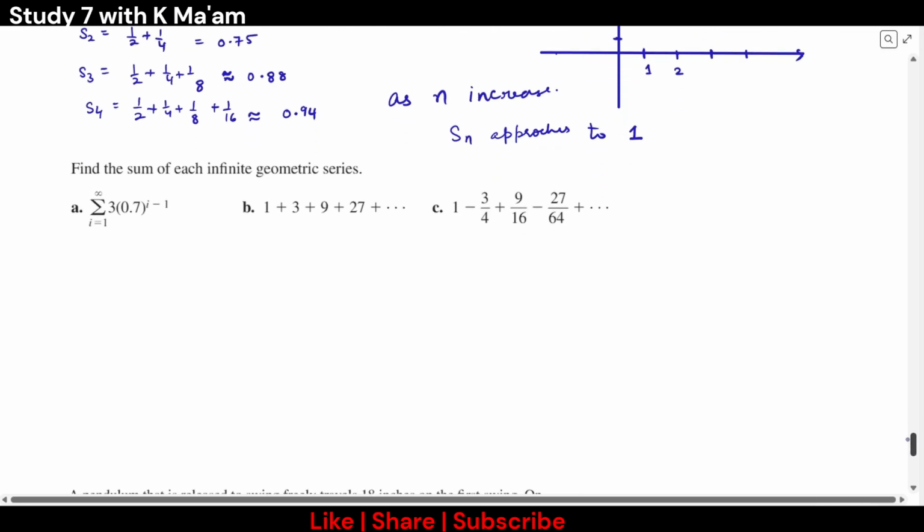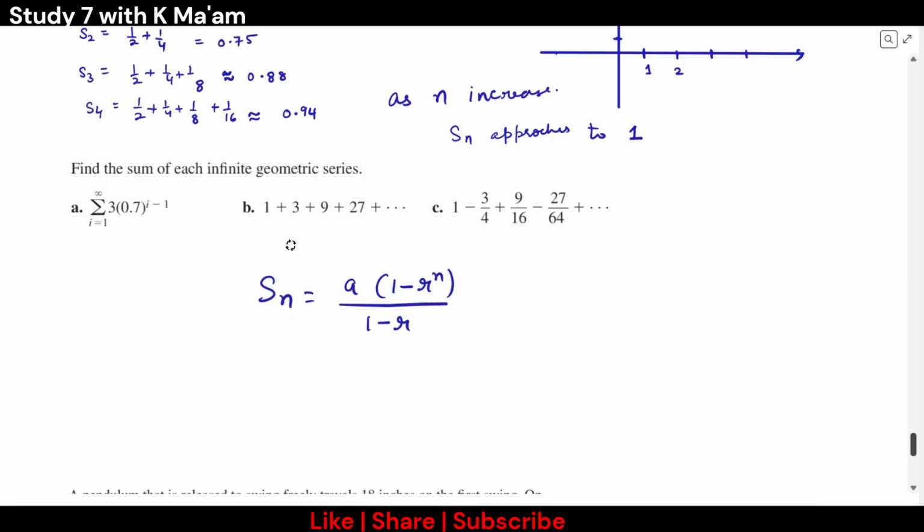Find the sum of an infinite geometric series. We have learned the sum of a finite geometric series: Sn is equal to the first term times 1 minus r to the power n, over 1 minus r. In this case our n is very large.